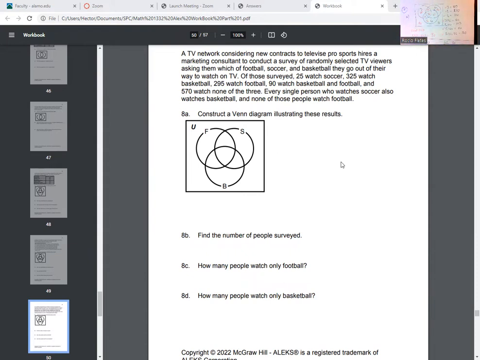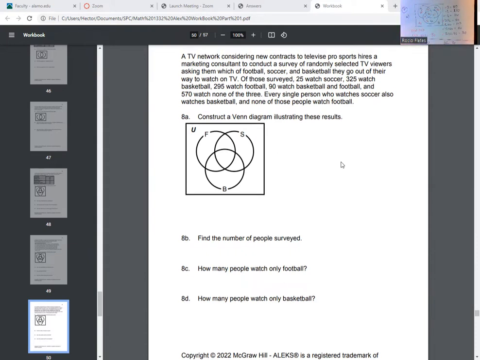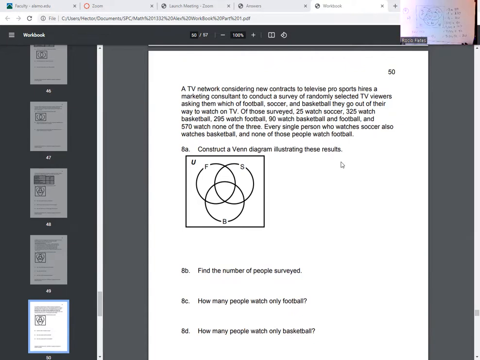Okay, so let's see, what do we have? Let's read. This is number 8. A TV network, considering new contracts to televise pro sports, hires a marketing consultant to construct a survey of randomly selected TV viewers, asking them which of football, soccer, and basketball they go out of their way to watch on TV.